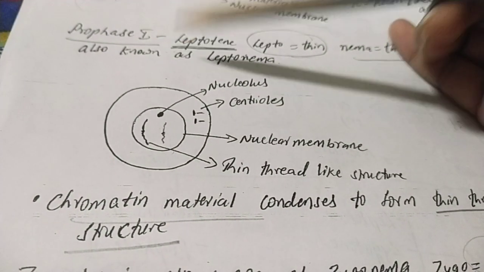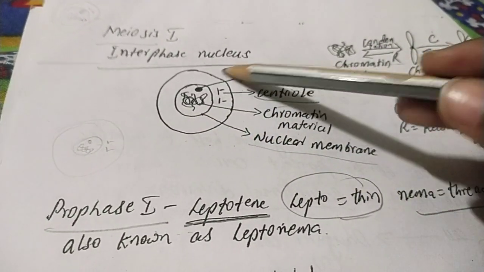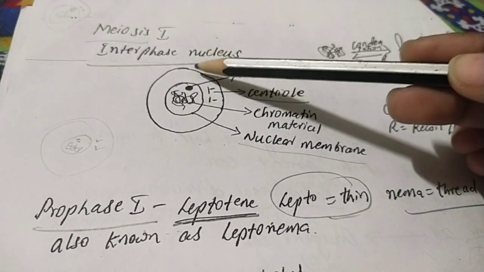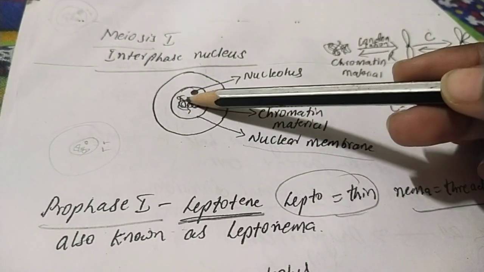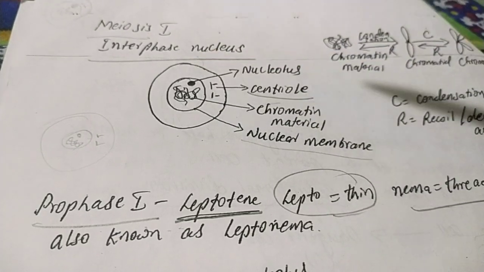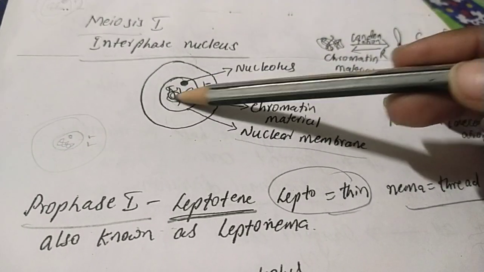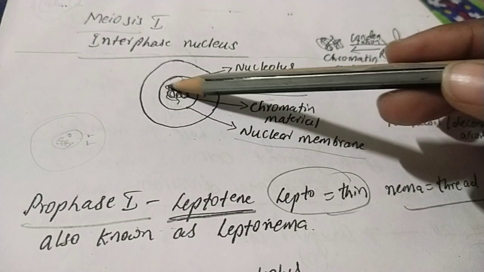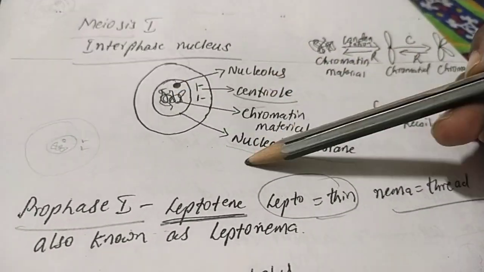Coming to prophase 1, before that, let's see how meiosis 1 takes place. Here is an interphase nucleus; you should draw this diagram. Inside it there is a nucleolus, centriole, and a thin structure called chromatin material, and this membrane is called the nuclear membrane.